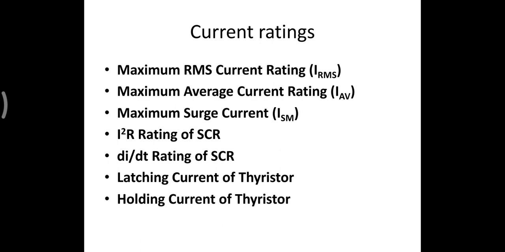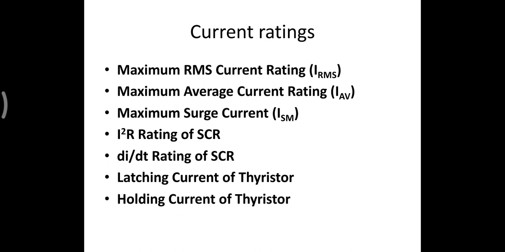Next, let us see what are the different types of current ratings that are specified on the data sheet of this SCR. Generally, 7 current ratings are specified. What are those? Maximum RMS current rating, I RMS. Next, maximum average current rating.